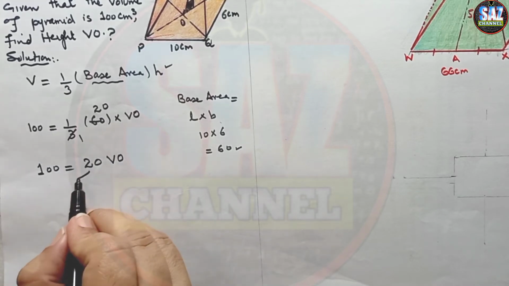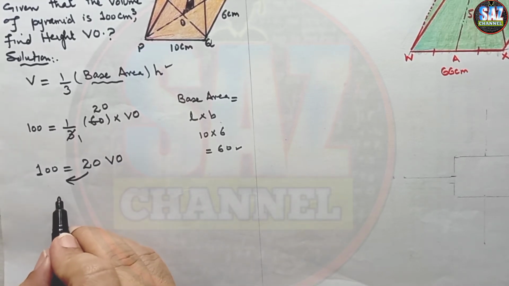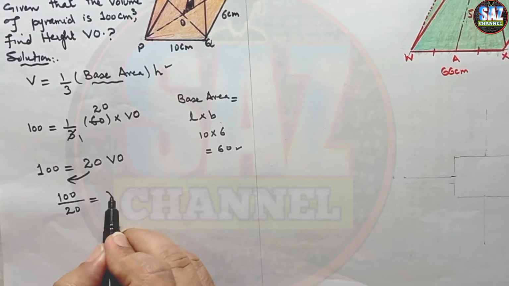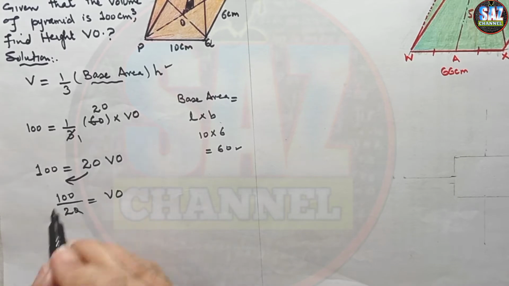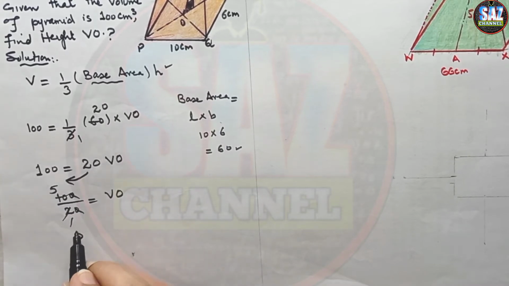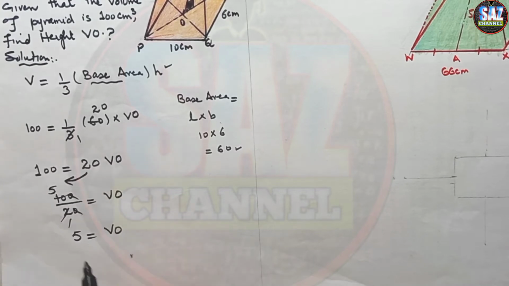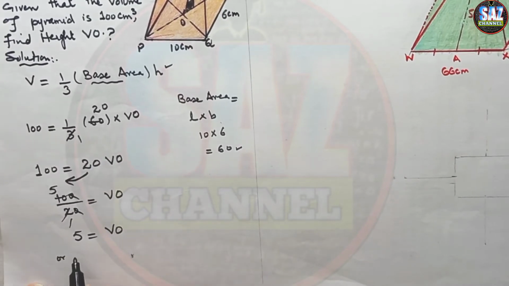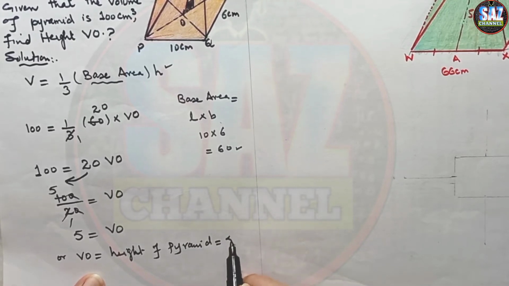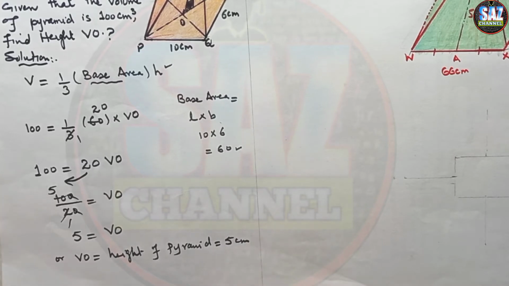And now what I have to do in order to get value of VO, I have to divide 100 by 20 and this will give me VO, or this can go with this 2 1s are and 2 5s are. 5 equals to VO, or VO equals to the height of pyramid equals to 5 centimeter. I hope you are clear about this question.